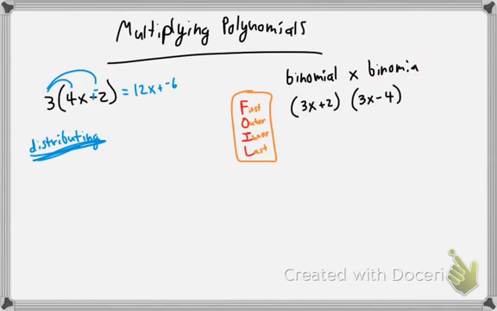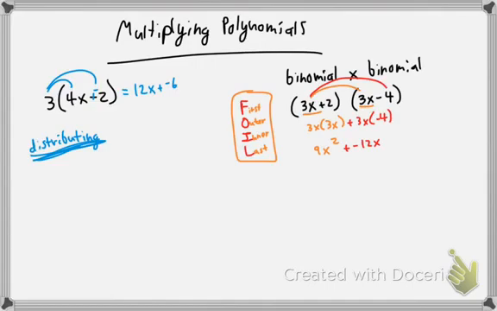So how this works is first, let's multiply the two first numbers together. 3x times 3x, which gives us 9x squared, excuse me. Next, you need to take the outer numbers together, multiply them. So 3x times negative 4, which is a negative 12x.